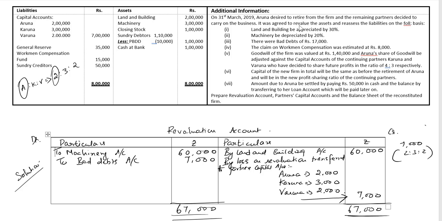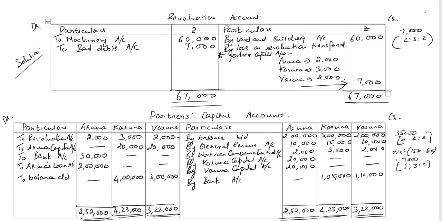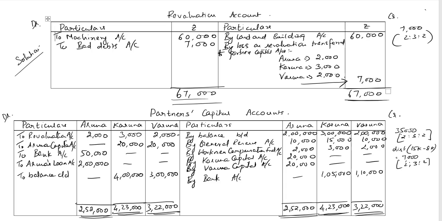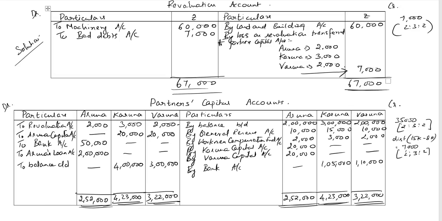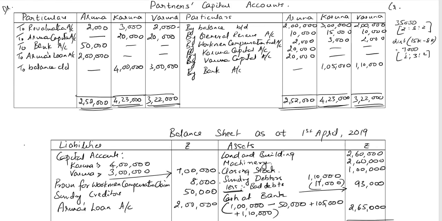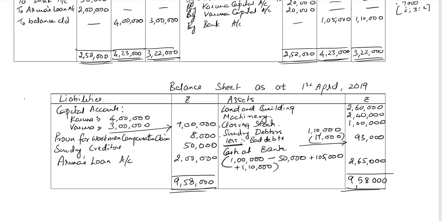We began with the revaluation account, followed by the partners' capital accounts, and then the balance sheet.